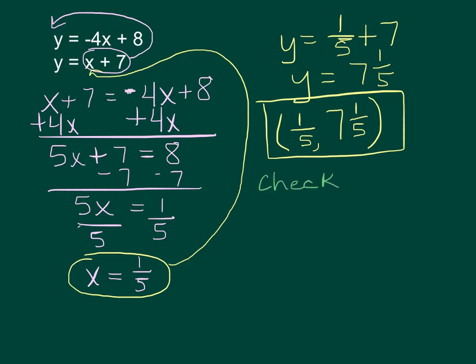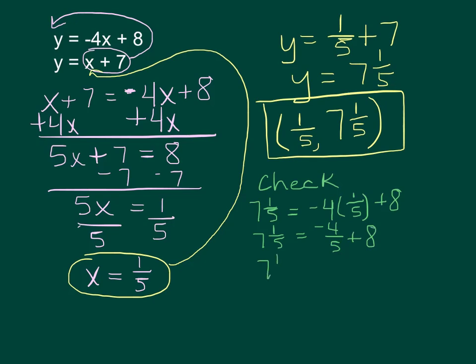So I have 7 and 1/5 equals negative 4 times 1/5 plus 8. So 7 and 1/5. Negative 4 times 1/5 is negative 4/5 plus 8.